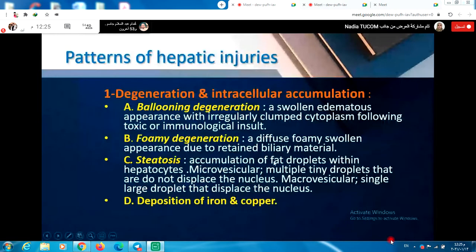Accumulation of fat droplets within the hepatocytes, whether microvesicular, meaning small vesicles or vacuoles within the cytoplasm, tiny vesicles, or macrovesicular.